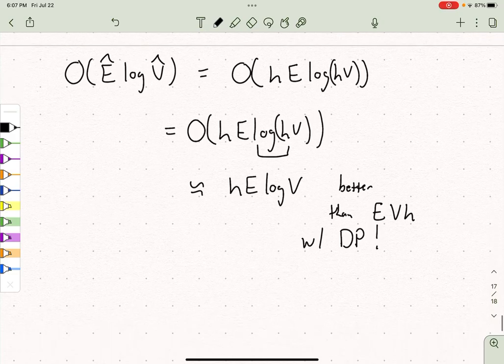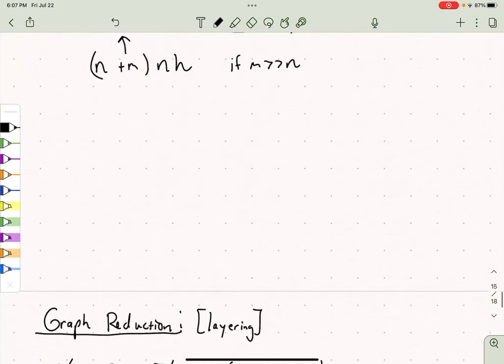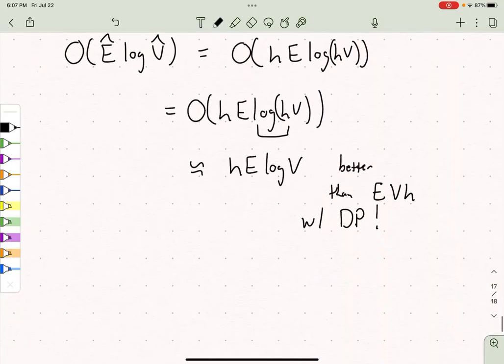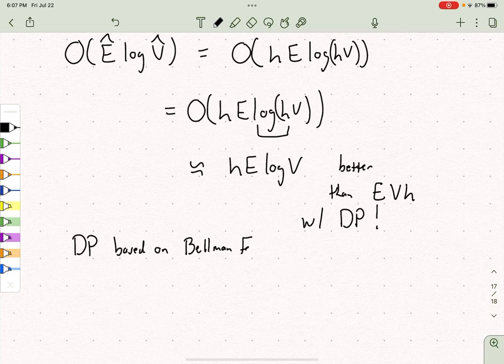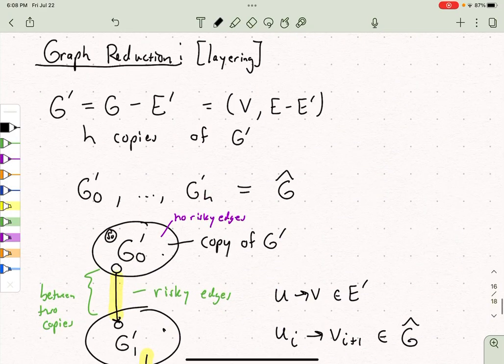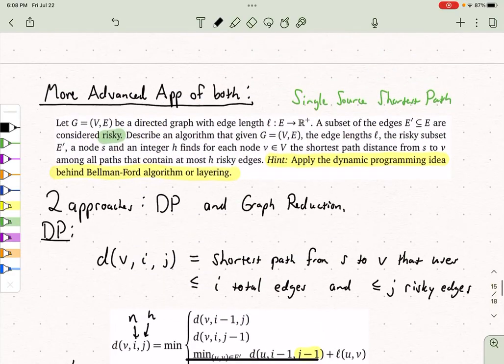So you might be wondering, why is this faster? It's so much more complicated than the simple DP thing we did. And that's because the DP thing is solving a harder problem. Remember, the DP thing is based on Bellman-Ford, which is very general and can solve shortest paths with negative weights. Whereas in this application, the problem statement itself said all the edges were non-negative, right here. R plus means they're non-negative.